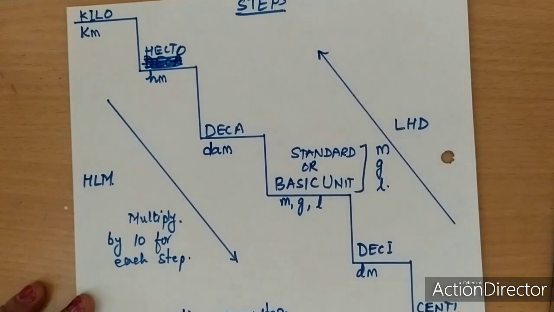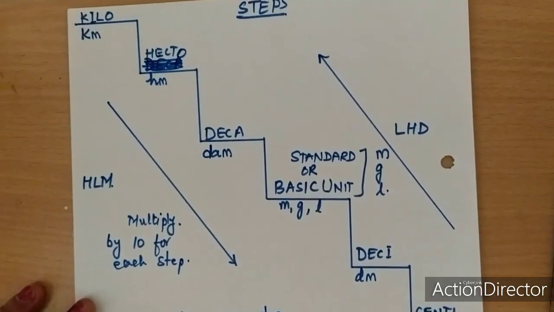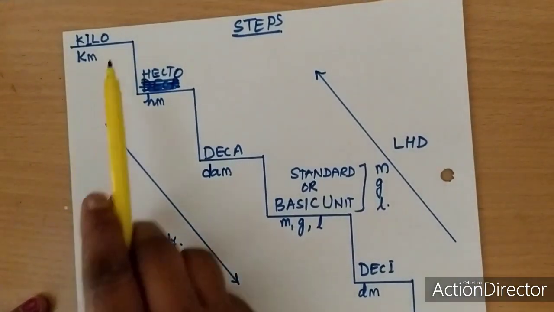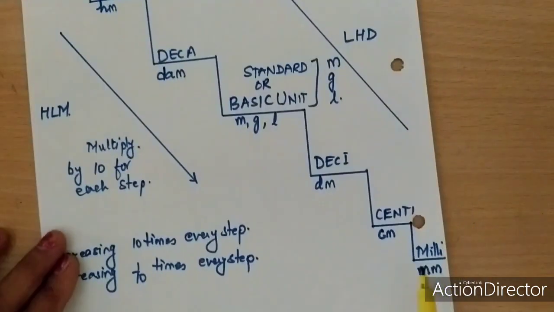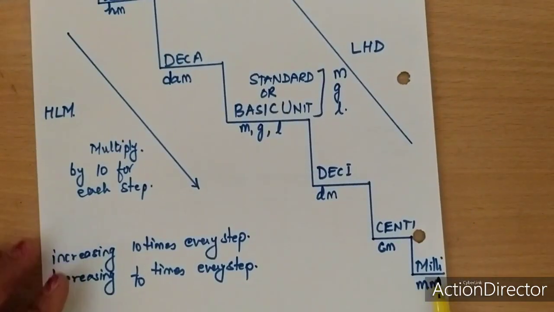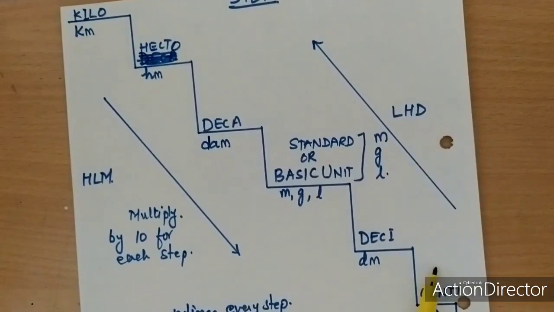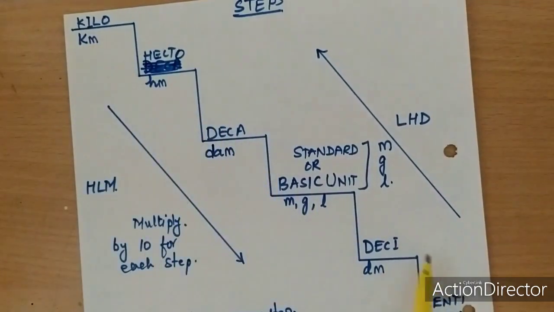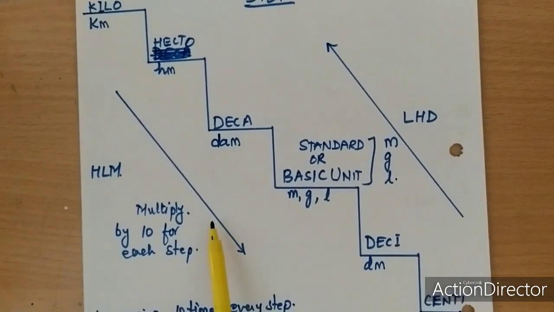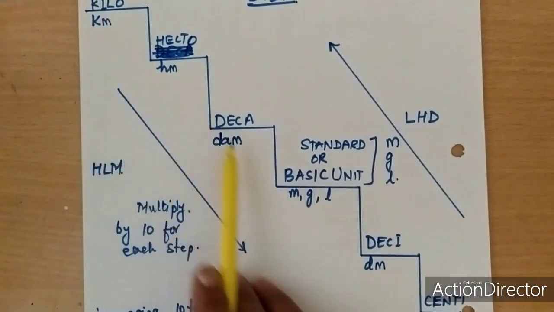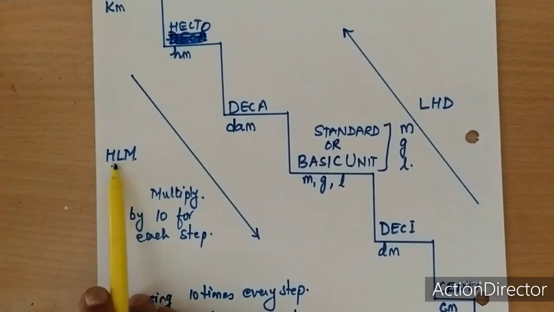After that, what you are going to learn actually. See, this one is the greatest unit and millimeter is the smallest unit. So when you are going to convert from higher to lower, I am showing this arrow so that you can easily understand. Higher to lower. So I have written here HLM.